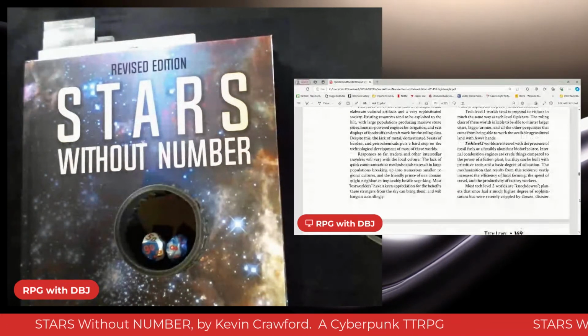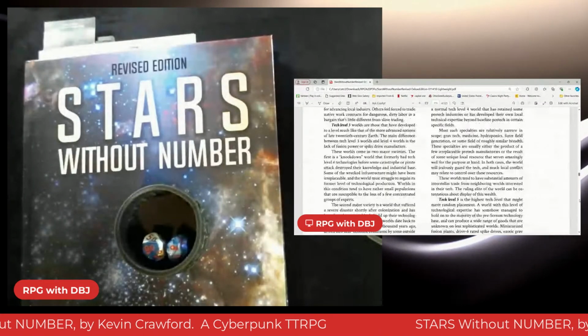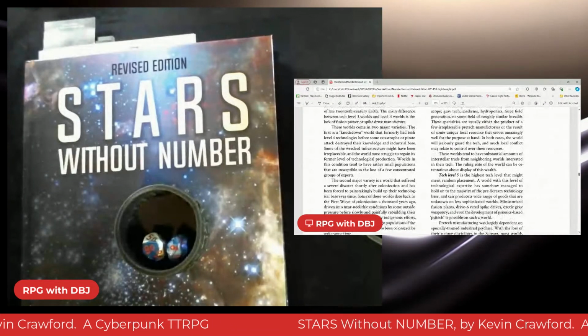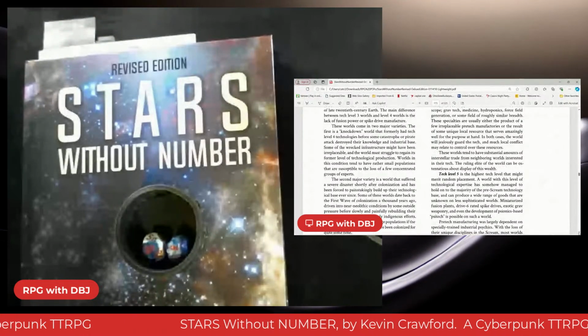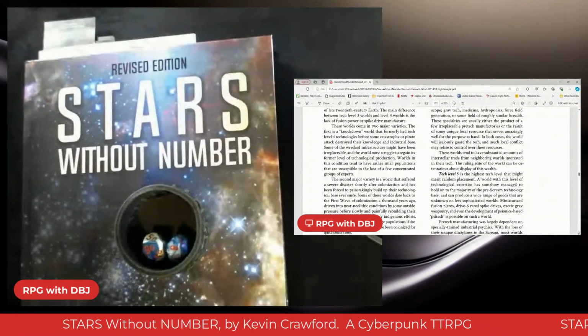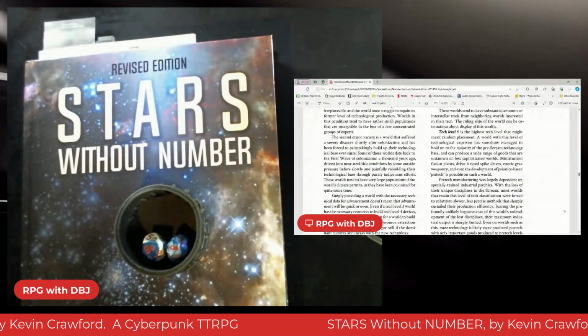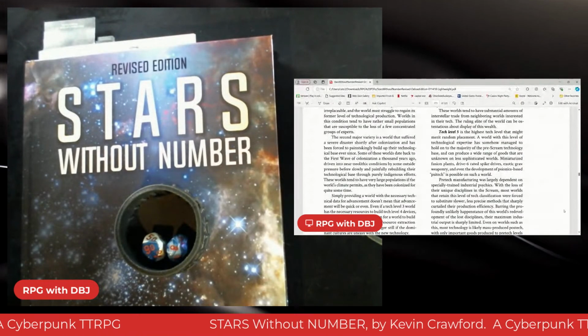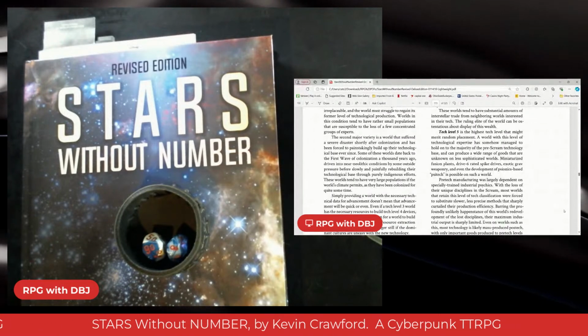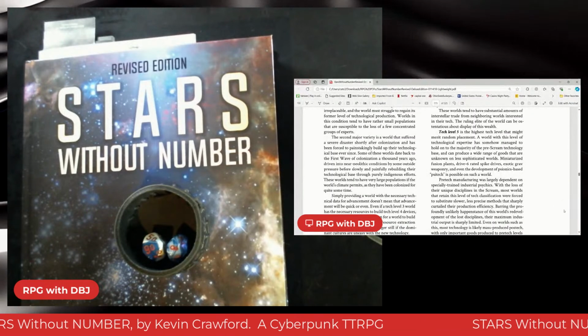It's basically usable by the player characters, but let's try to. I can't quote this, but basically, tech level 5 is the highest tech level that might merit random placement. A world with this level of technological expertise has somehow managed to hold on to the majority of pre-Scream technology.